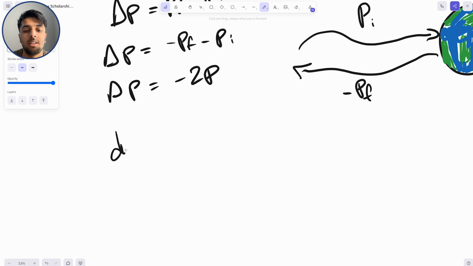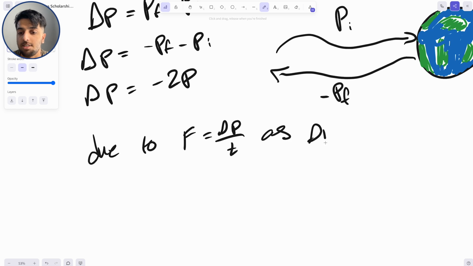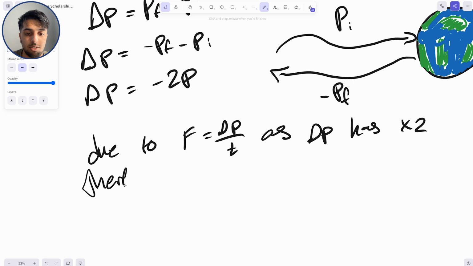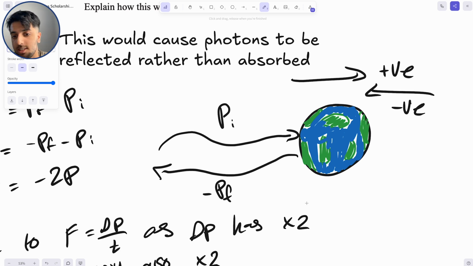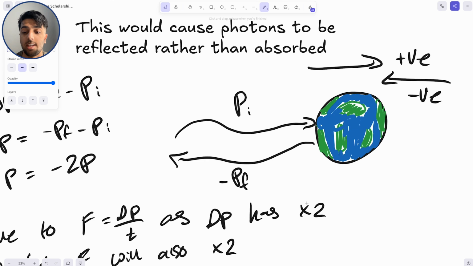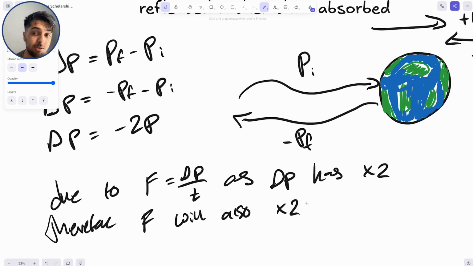Therefore, as F is equal to the change in momentum over time, as delta P has doubled, the force will also double. And this is assuming a perfectly reflective surface, which it probably wasn't. So at most it's 2 times the force, but in reality it will probably be a lot less than that.